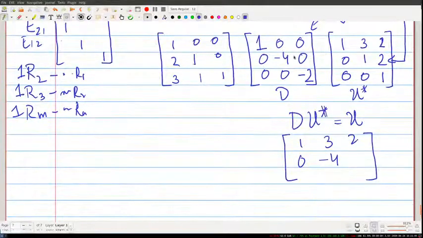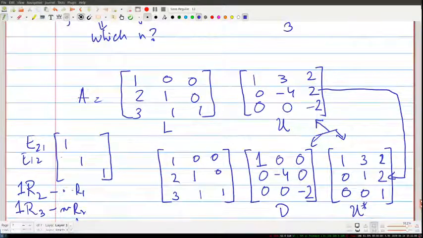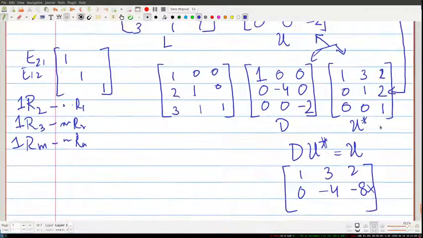But now if I multiply minus 4 by 2, I get minus 8 here, and that's a problem. That's wrong. I wanted the entry here to be 2, which means to fix that problem I need to divide this 2 by minus 4. If I make this 2 divided by minus 4, then when I multiply minus 4 by 2 divided by minus 4, it becomes just 2. So minus 4 and minus 4 cancel out, it becomes 2.